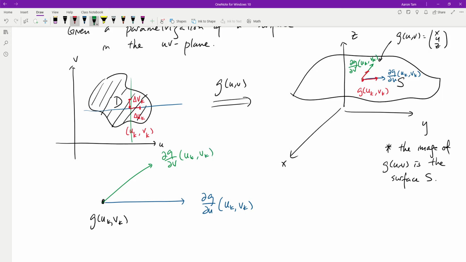Now if I move this one point by delta u sub k and delta v sub k, I would allow this point to move along these two directions slightly. How far it moves would equal dg over dv at u sub k, v sub k, multiplied by delta v sub k.